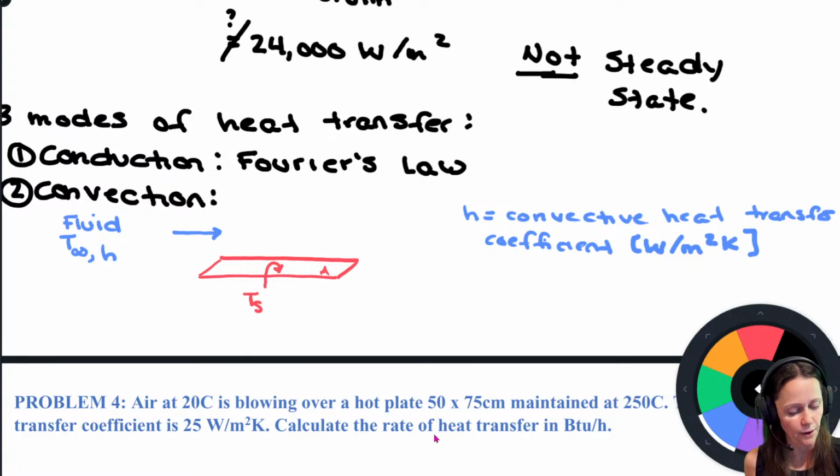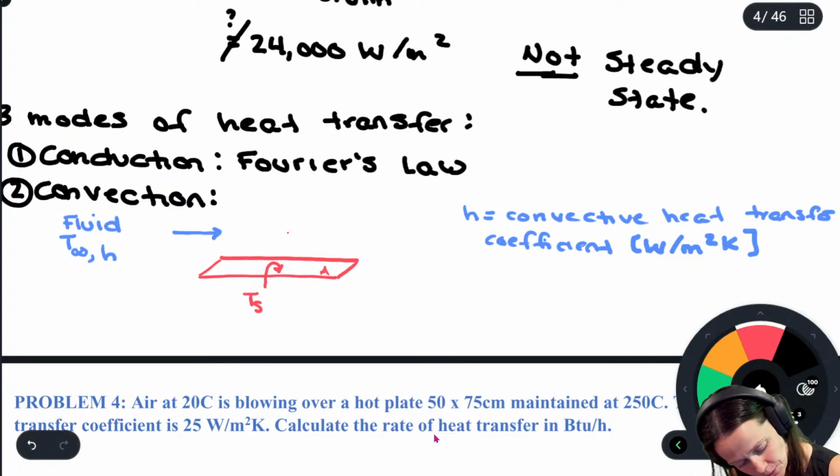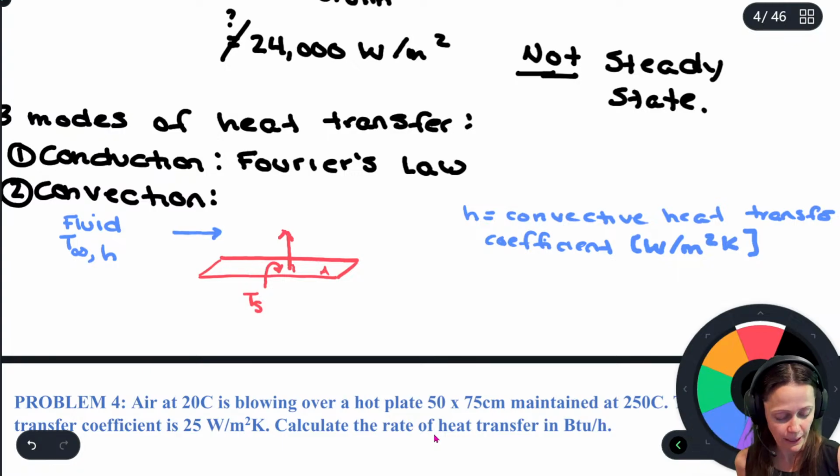All right. So I've drawn the fluid in blue, indicating that it's at a lower temperature. And heat is going to be flowing perpendicularly from my isotherm.